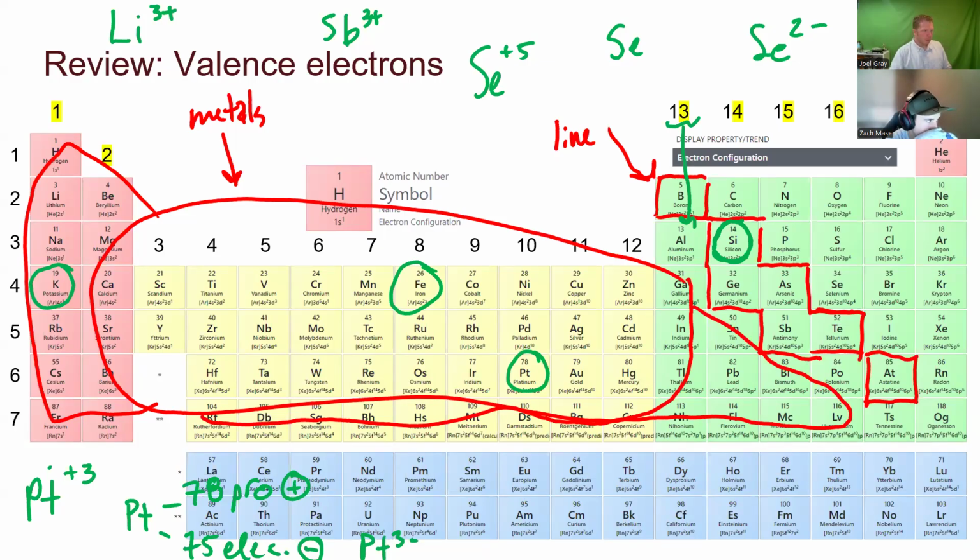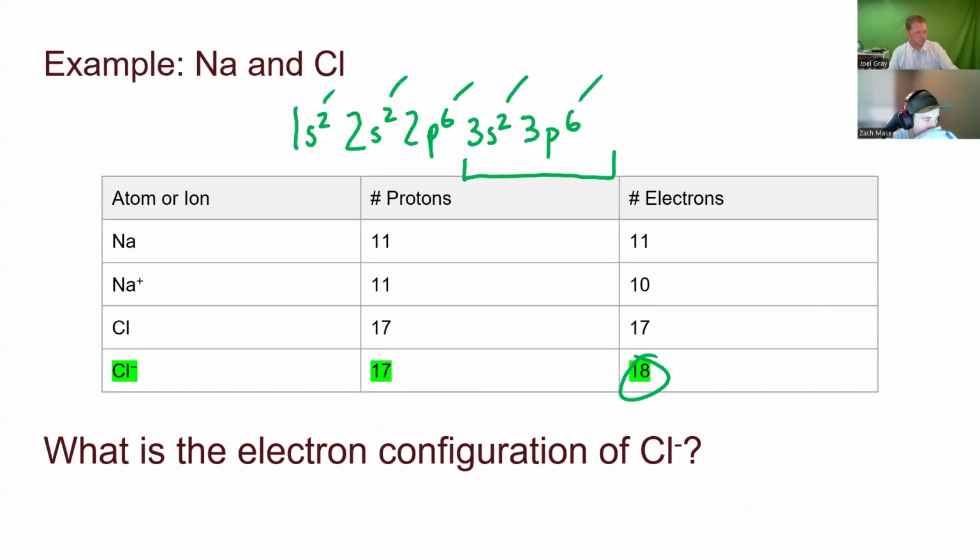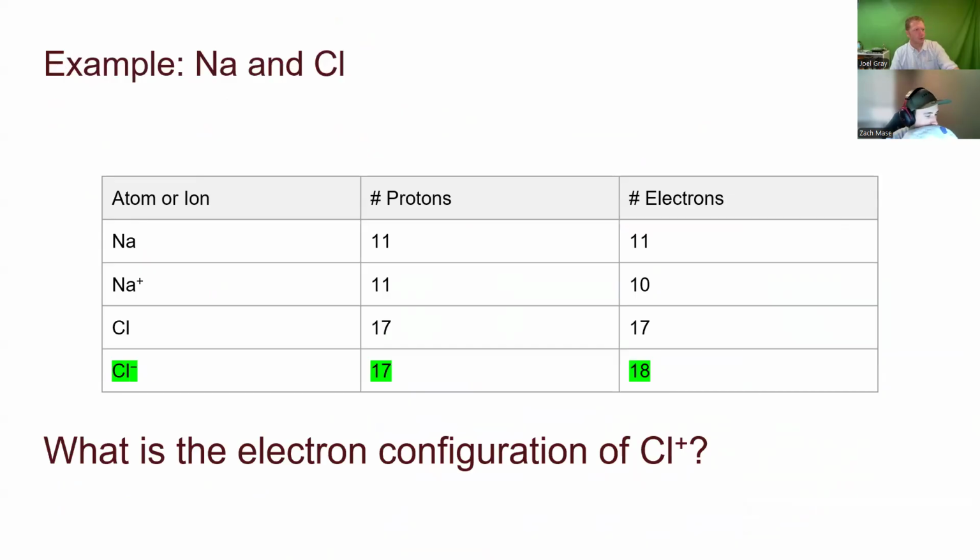All right. Now let's go back to where we were. Okay. Electron configuration for Cl plus. Well, Cl plus is going to have not 18 electrons, but 16 electrons because it's going to have a positive charge, one more proton than it has electrons.